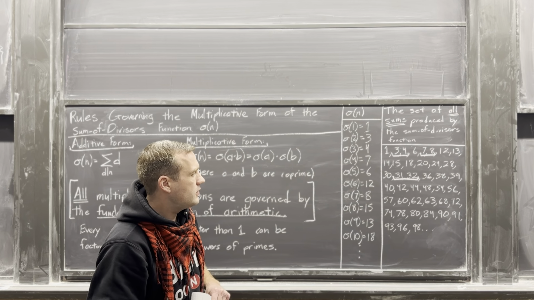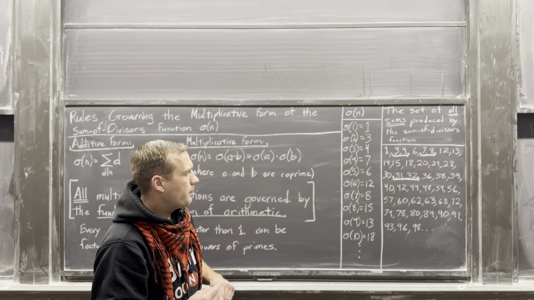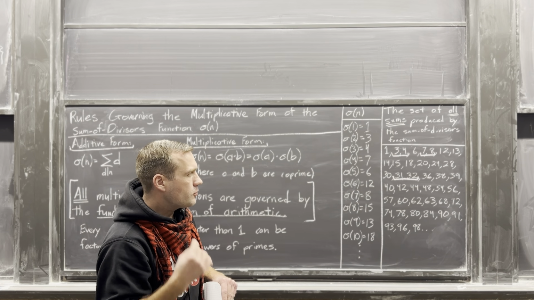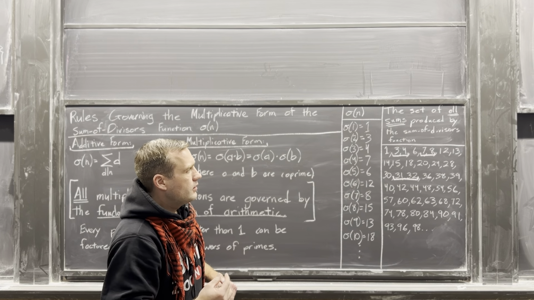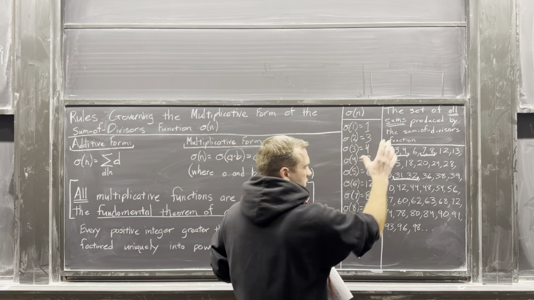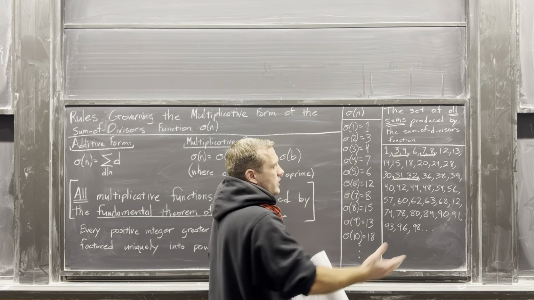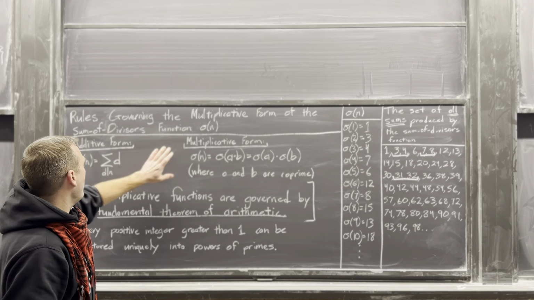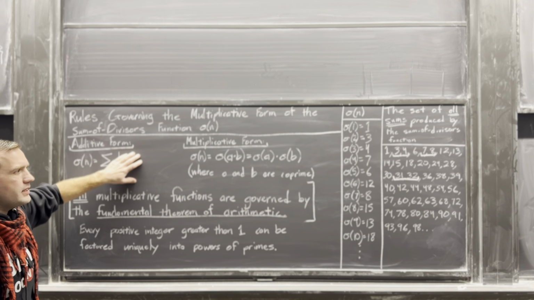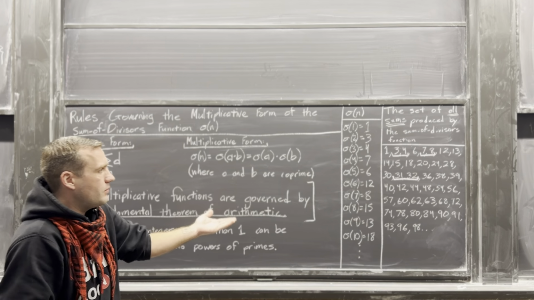So this is where it took me a long while to get to this point, but I finally questioned why these numbers seem so random. They don't seem to follow any rules according to the multiplicative form, right? The additive form made complete sense, right? You add the numbers, and this is the number you get.